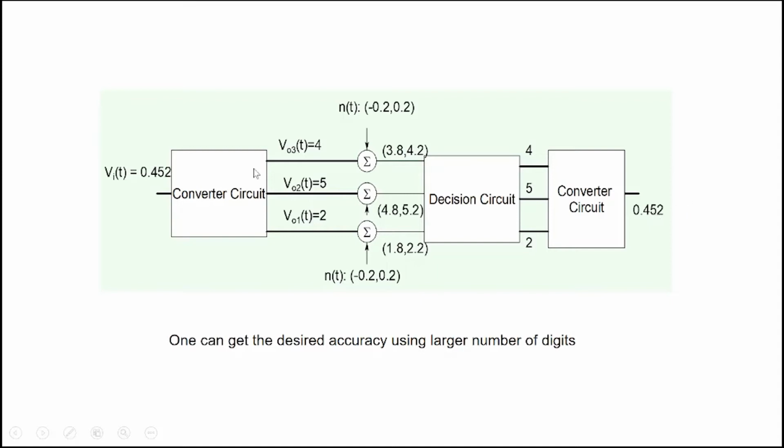So you are able to get back the value despite the presence of noise. You're sending a signal, and despite the noise getting added to it, you're able to recover the final value. As we are trying to say, when you convert an analog into a digital number, there is a loss of accuracy. But depending on your application and your interest, you can decide how many digits are sufficient for you. If 2 digits are sufficient, that's fine. But if you need more accuracy, you can do a 3-digit conversion, or a 4-digit conversion.